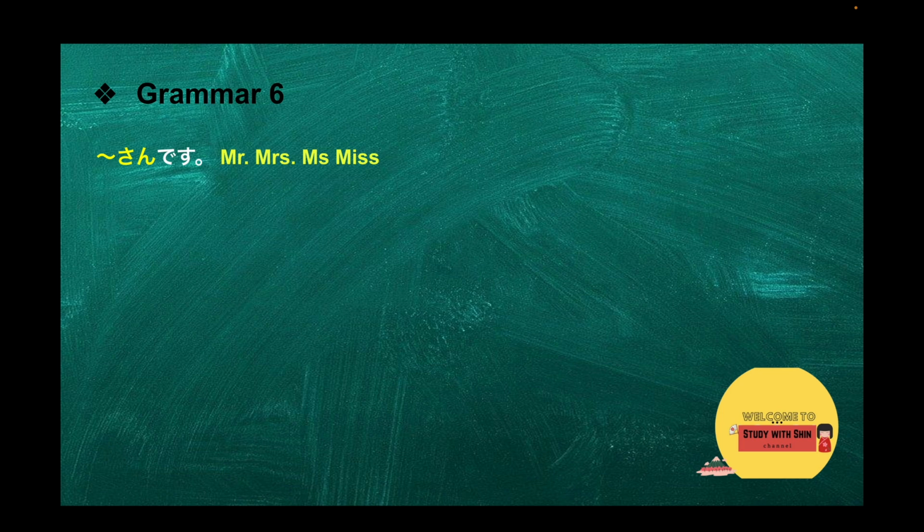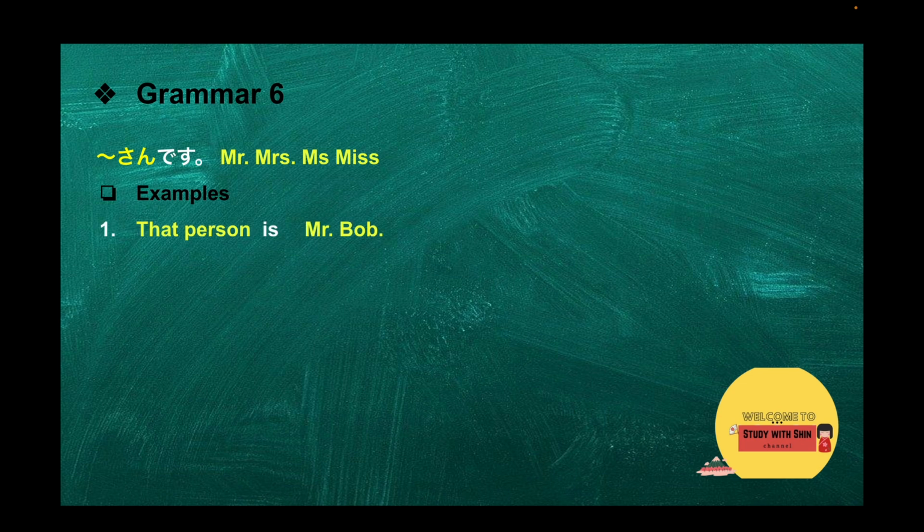It is very important that you add san after somebody's name because Japanese people are very careful about addressing someone. So you do not want to offend someone when you're speaking in Japanese.